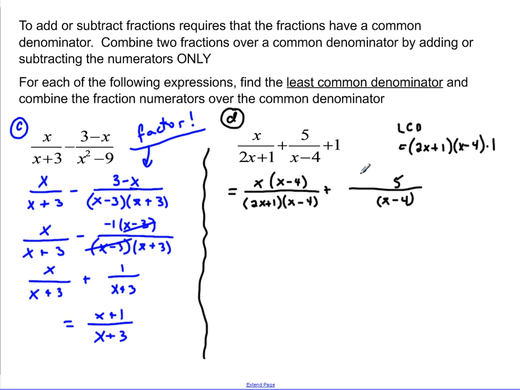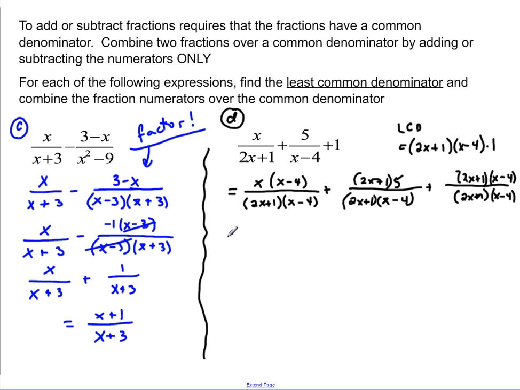But we're going to multiply in the missing piece of 2x plus 1 this time, into the numerator and denominator. Then finally, we look at our last fraction. It's 1 over 1. So we have to multiply in 2x plus 1 times x minus 4 into the numerator and the denominator equally. So 2x plus 1 times x minus 4, the same for both fractions.